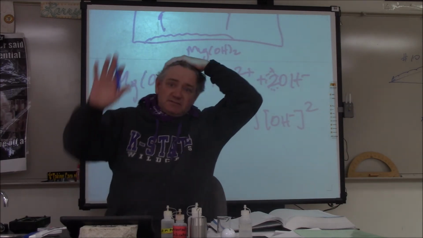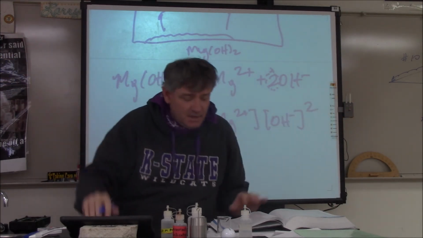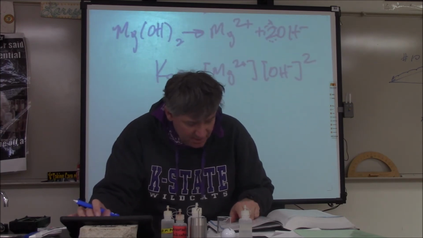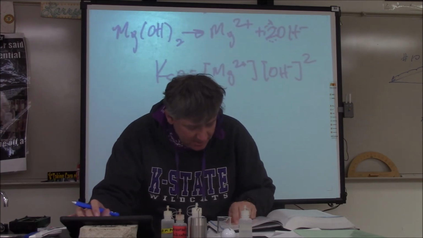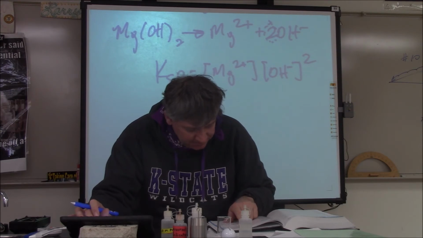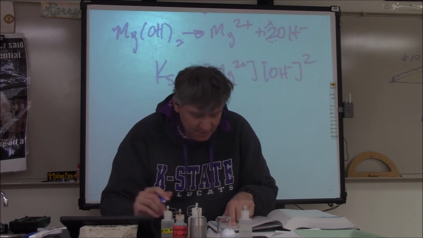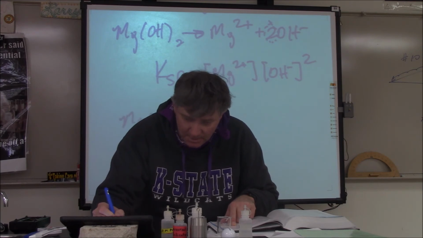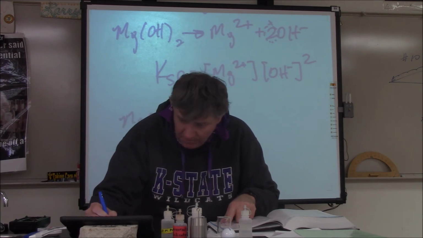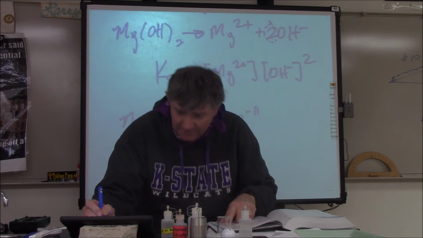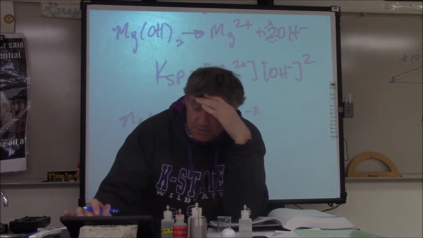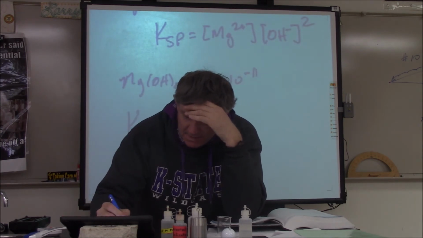Now, here's the big idea. If you look at the Ksp value for magnesium hydroxide, not manganese, but magnesium, if you look in your book, Mg(OH)2 has a value of 1.8 times 10 to the negative 11. Now, again, here's this recurring theme of equilibrium. Here's what Mother Nature is trying to do.